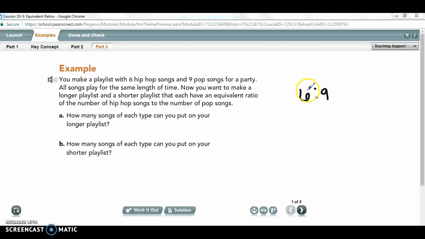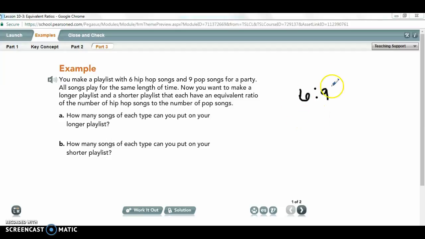In order to do this, we can either multiply up to answer question A or divide down to answer question B. If we multiply, there could be a lot of different solutions. I like just going simple, so we're going to multiply by 2.